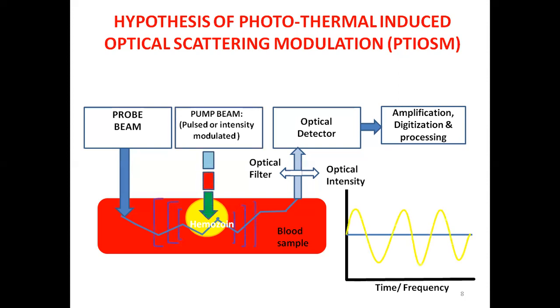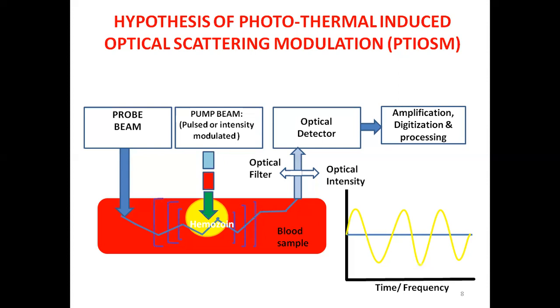When we introduce a secondary optical beam that we refer to as the pump beam, which is pulsed or intensity modulated in time, and the wavelength of this pump beam is chosen so that it can be highly absorbed by the sample of interest, in this case, hemozoin.